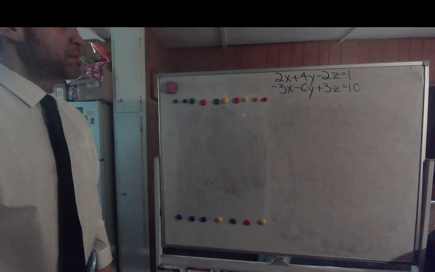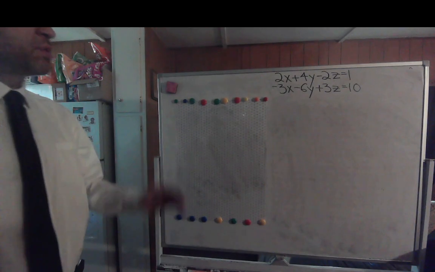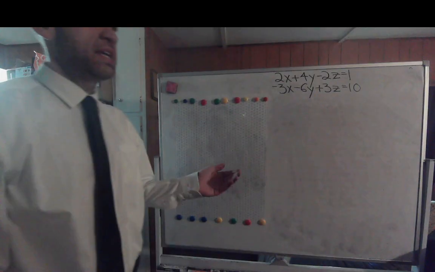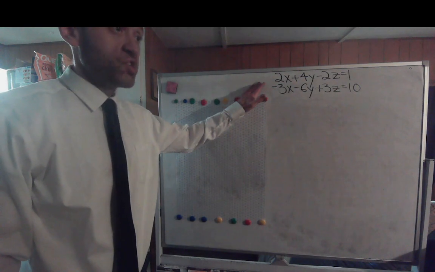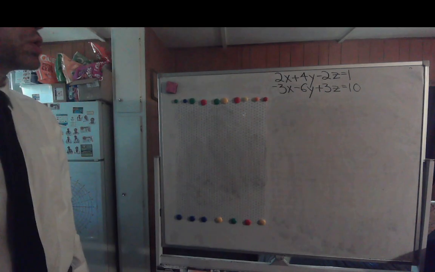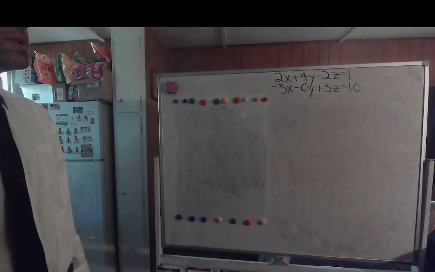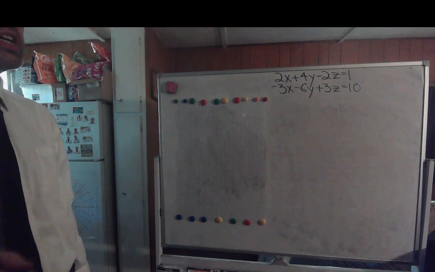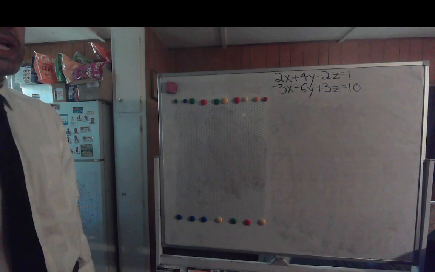Well, again, we know that we only have two equations with three variables, so we're finding the line of intersection that these two planes intersect in. So what we're going to do, again, I always suggest you can eliminate any variable you want. It's just traditionally we like to eliminate x.